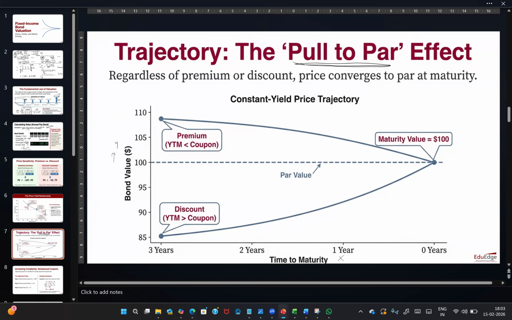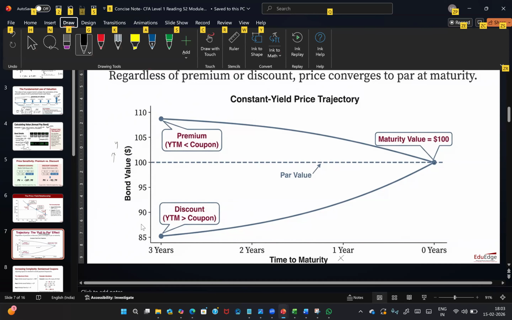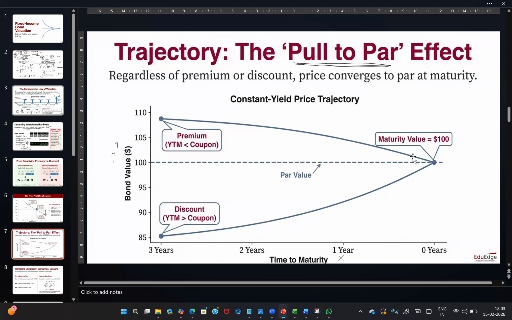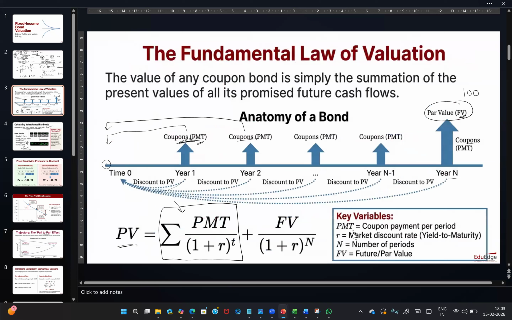When I look at the cash flow diagram of a bond, can I say that at maturity, what should be the price of the bond? Can I say you receive nothing except the face value of the bond? So the price of the bond should be nothing but the face value of the bond, 100, when there's no time left. Hence every bond at maturity will have to go back to its face value.